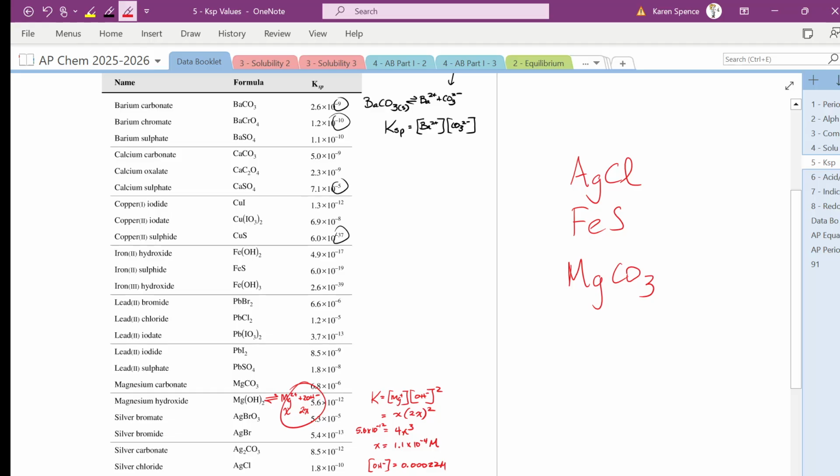Which of those is the most soluble? And they are in alphabetical order, so you can look them up in alphabetical order.